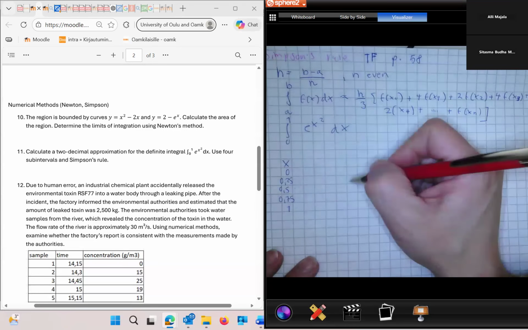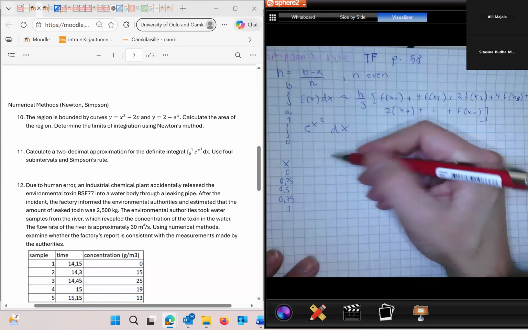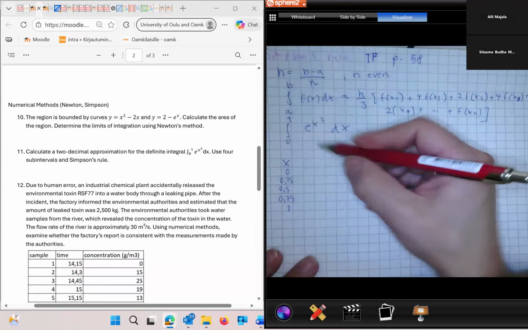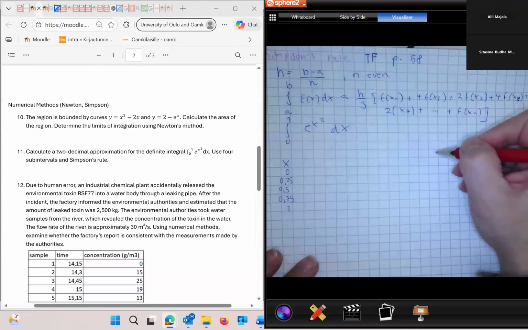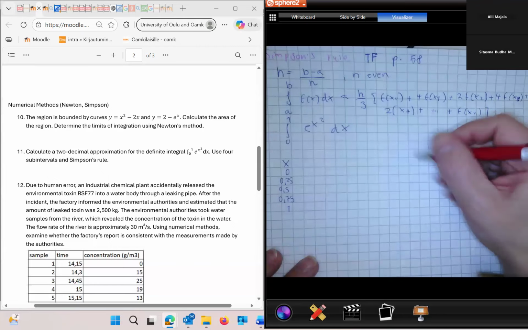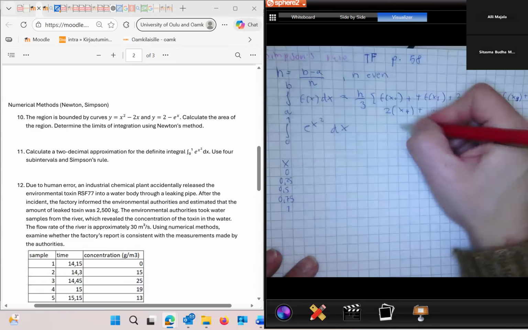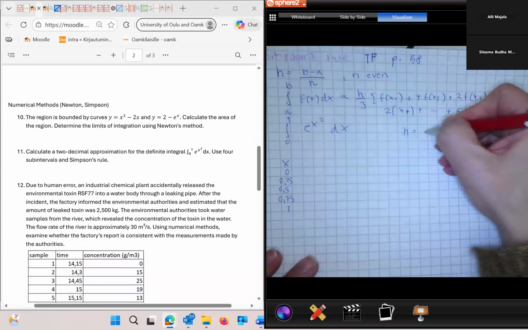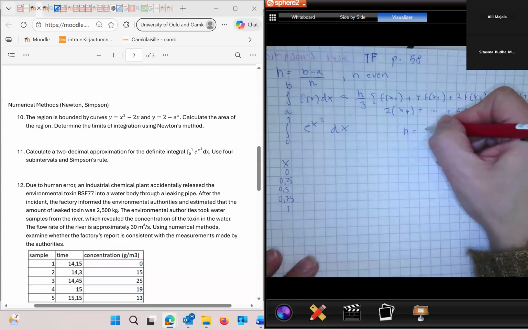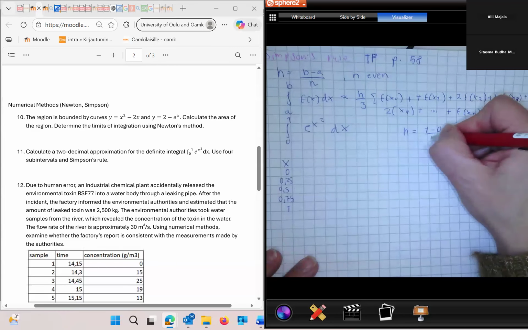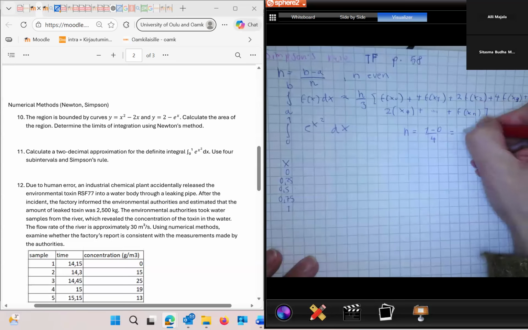And then I would need to have the values here. So my h, first of all, if I write the h here, is 1 minus 0 divided by 4. So 1 divided by 4 was 0.25, yes.